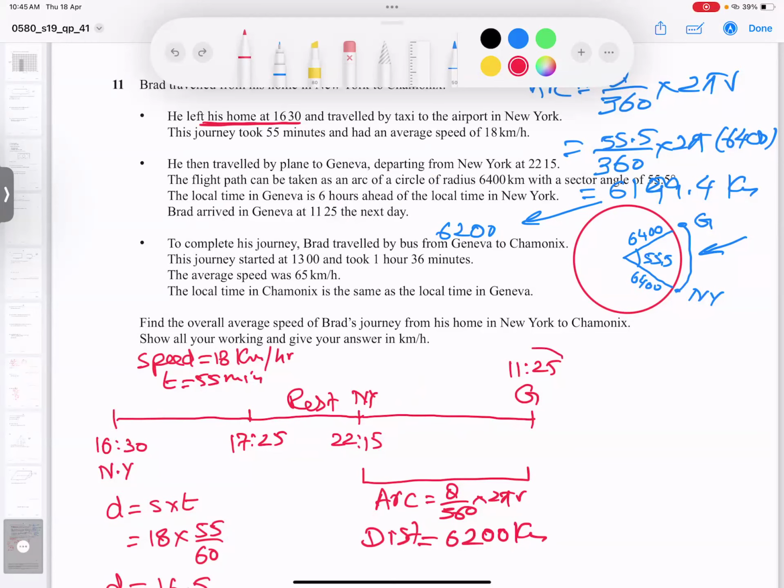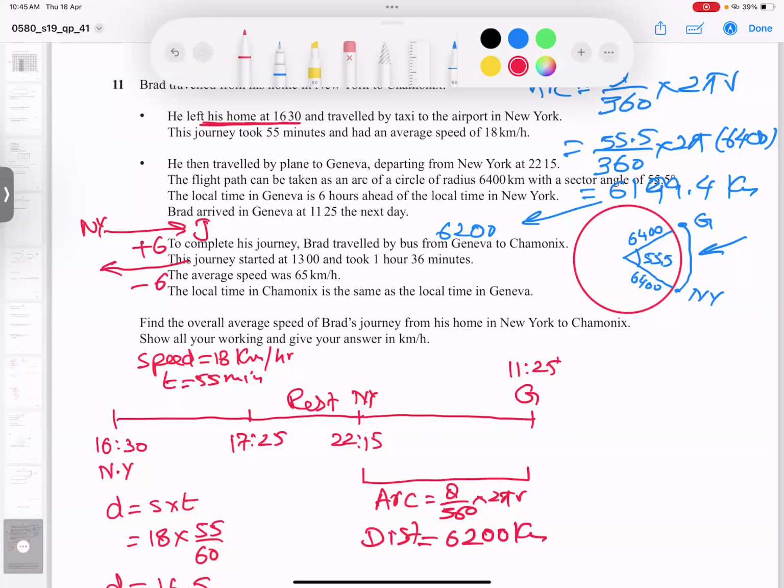It means if from this time I subtract 6, because this is 6 hours ahead, so Geneva time is plus 6 hours compared to New York time, and if I go backward it's minus 6 hours.